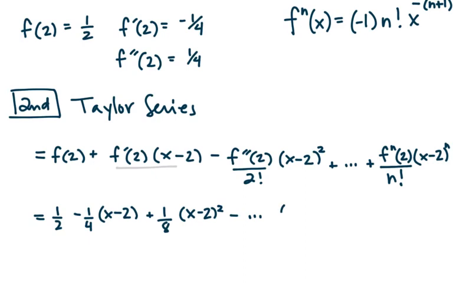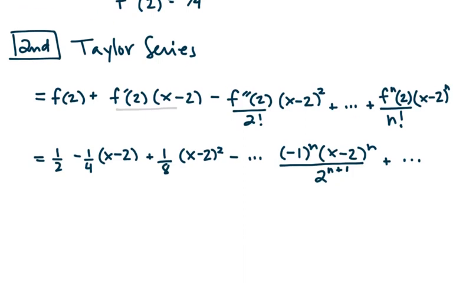We're going to have negative 1 to the n, x minus 2 to the n, over 2 to the n plus 1. So now I've written out my Taylor series polynomial.